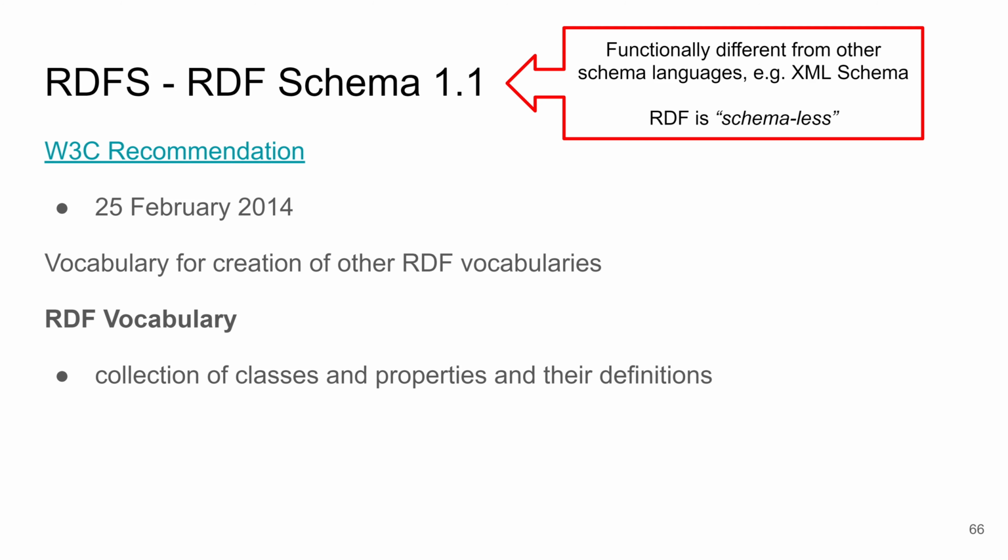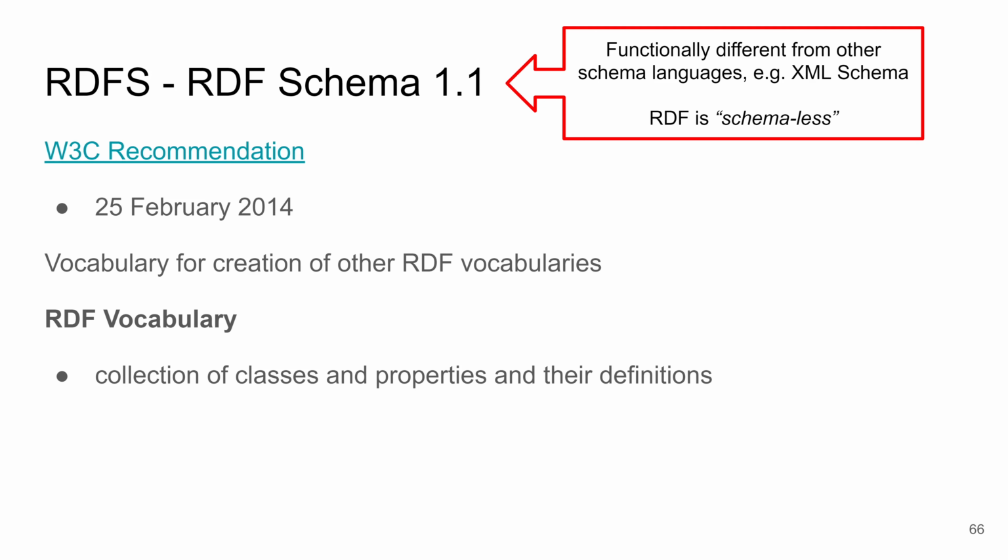Well, schema-less means that the data model of RDF is a set of triples. So you may add any triples you want. In this meaning, it is schema-less. You don't have any schema telling you what triples can and cannot go into the data. Any triples can, so RDF is schema-less. But then we have RDF Schema, which defines vocabularies, classes and properties.